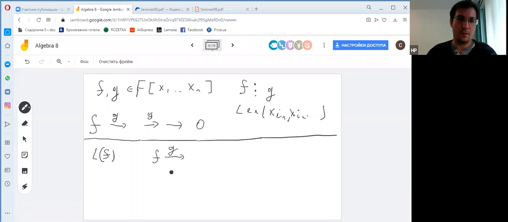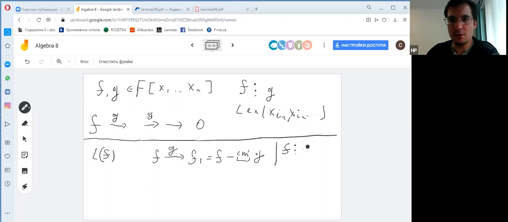Okay, let us think about it. We have f, and we reduce it by g. So we obtain a polynomial f1, which is equal to f minus some coefficient c, monomial m prime, multiplied by g. What can I know? That f is divisible by g.